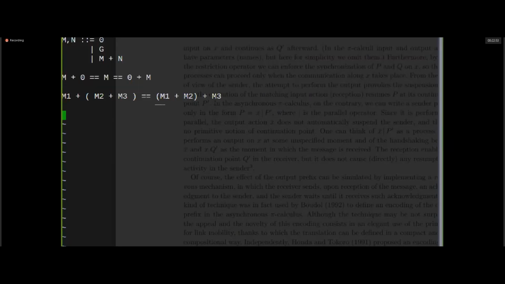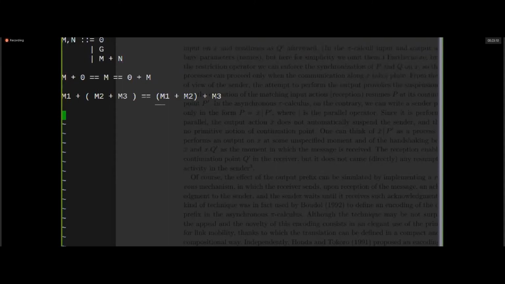And then you would have a rule for the associativity, right? So you'd have a rule M1 plus M2 plus M3. So M1 plus open paren M2 plus M3. So is the case you want to consider. So this is just like the par rule, right?